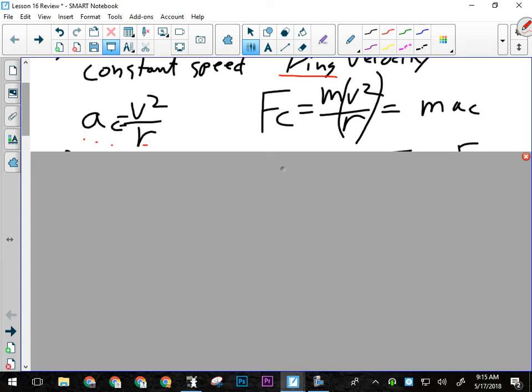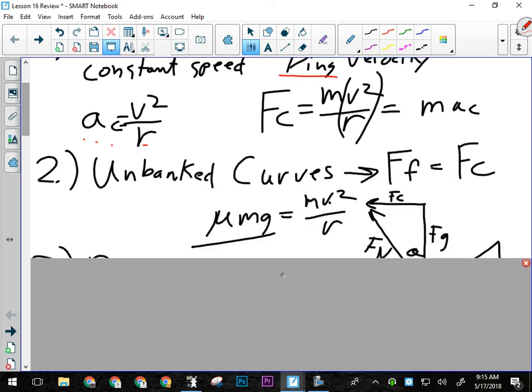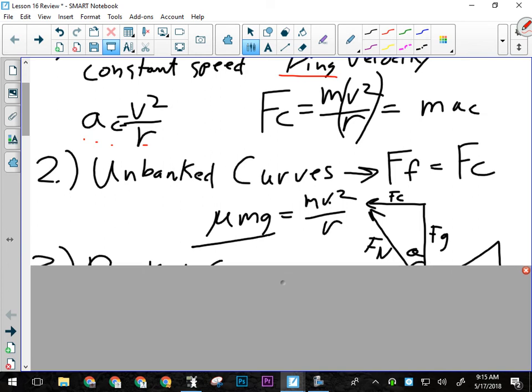And then the second thing we went over, we talked about banked curves and unbanked curves. We talked about that the second and third day. So an unbanked curve, friction provides the centripetal force. So you stay in the curve because there is sufficient friction to keep you from sliding out of it. So friction acts as a centripetal force.